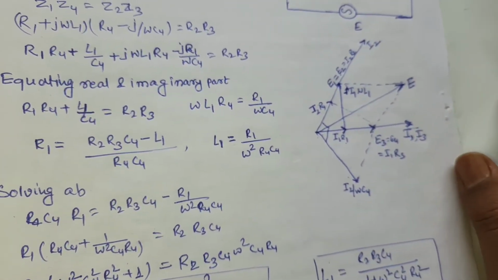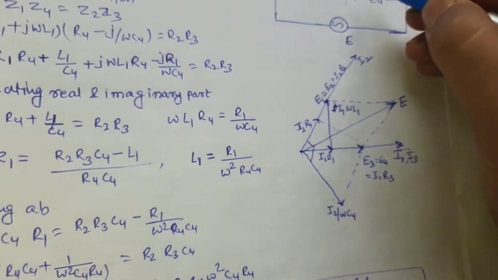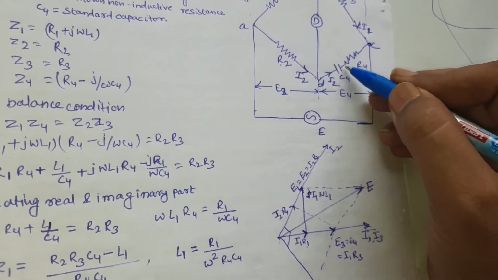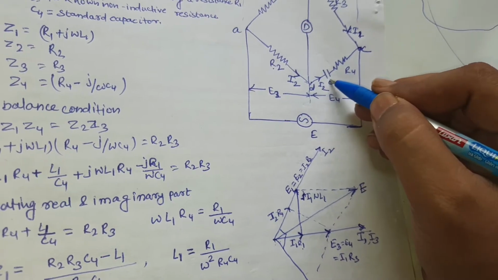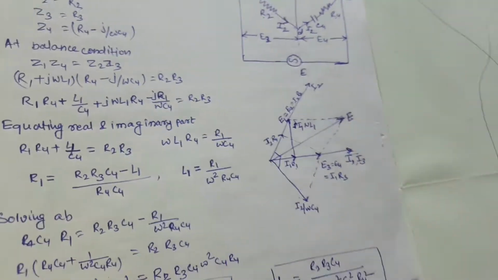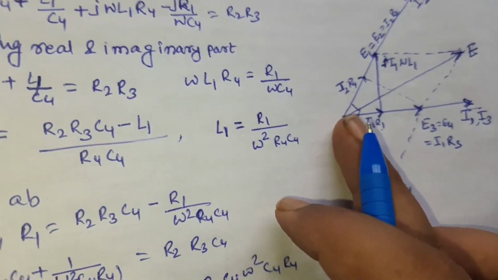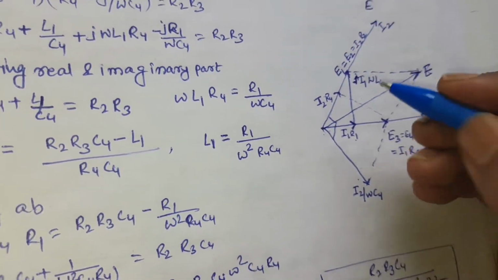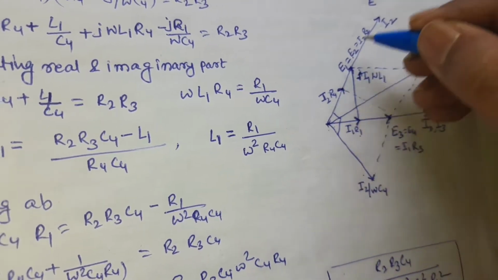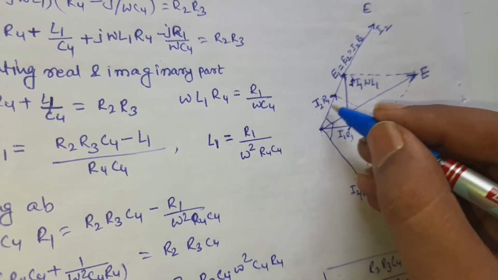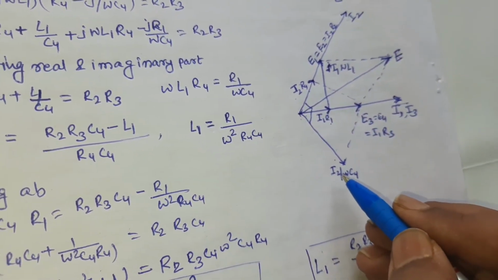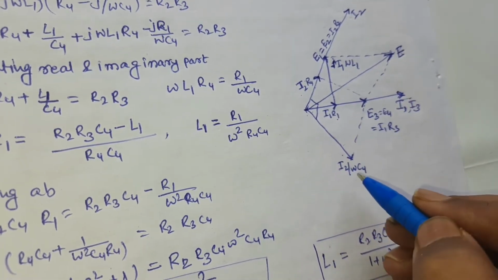Now the I2 current is passed through branch 4. Branch 4 has two parts, C4 and R4. Suppose this is I2 into R4, because I2 is in this line, and the voltage drop across the capacitor lags by 90 degrees.